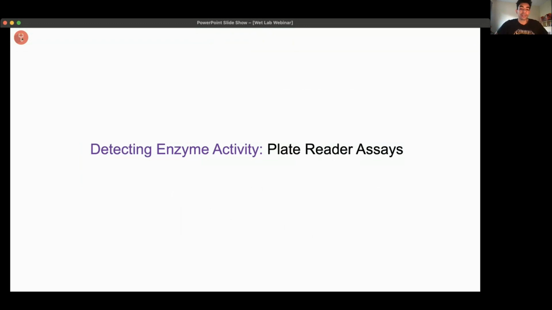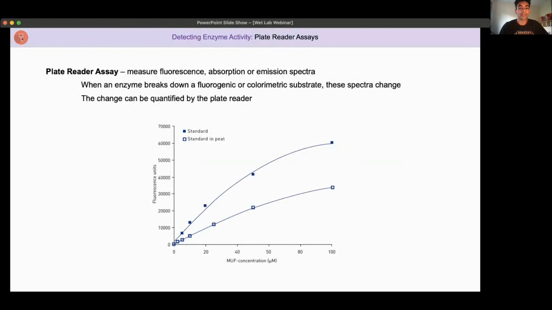And finally, we go on to detecting enzyme activity using a plate reader. And most enzyme activity assays have a very similar principle. You add your buffer in which the enzyme works, you add a substrate which will fluoresce or change its absorption or emission spectrum when it's cleaved or when the enzyme works, and you add your enzyme.